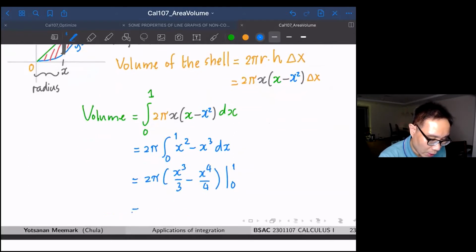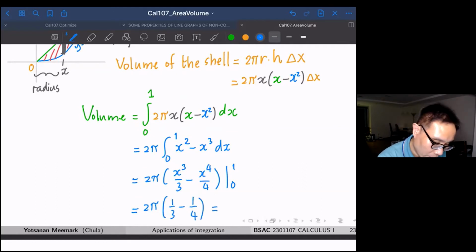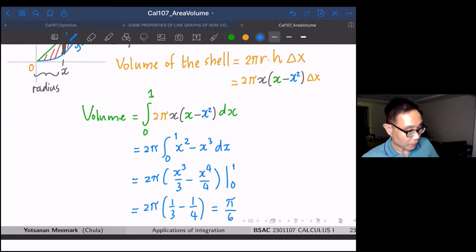And this will be just 2 pi times 1/3 minus 1/4. So you have 2 pi over 12, so it's going to be pi over 6 for your final answer.